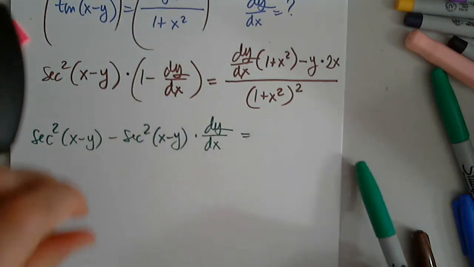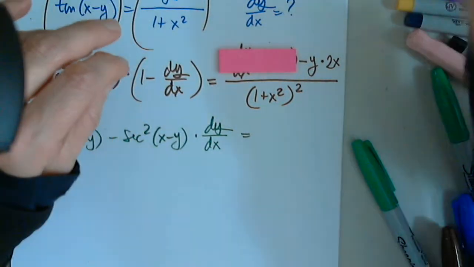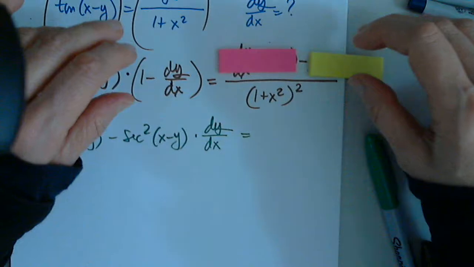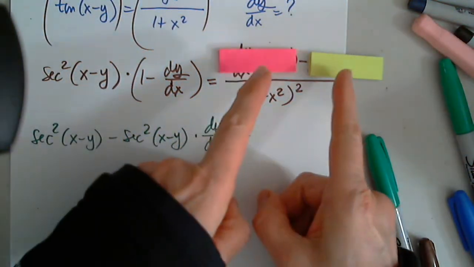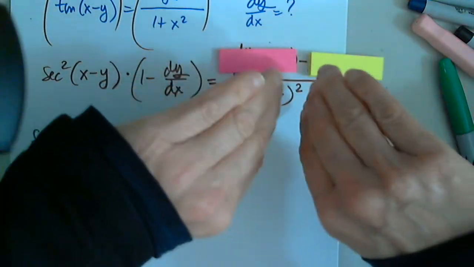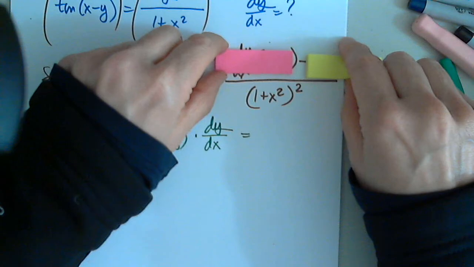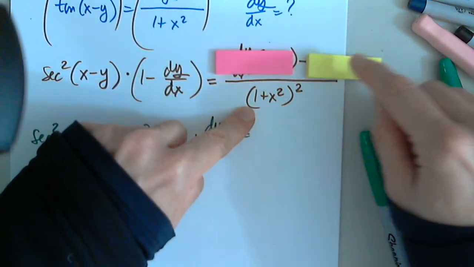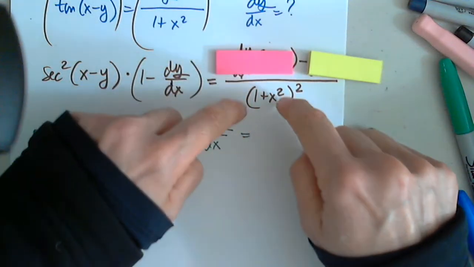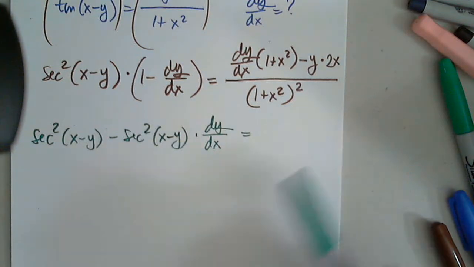Now, notice what happens here. Here we have two terms divided by 1 plus x squared squared. I can separate them, the pink over the denominator and the green over the denominator with minus in between. This over this minus this over this.